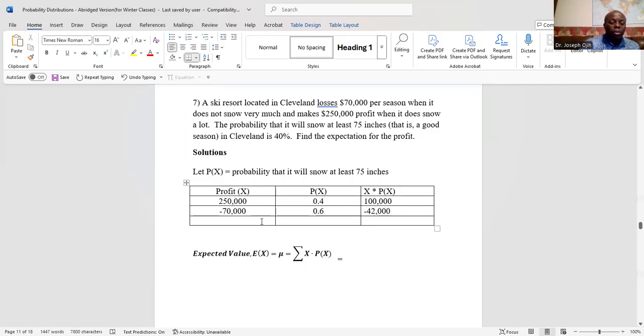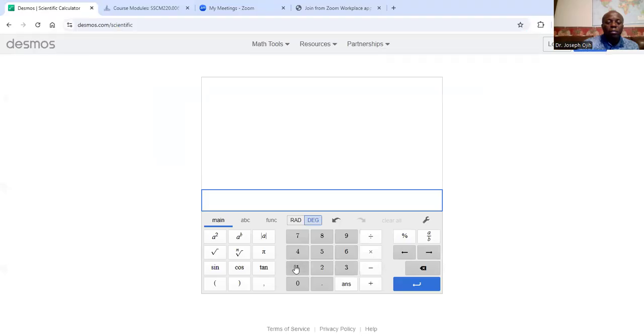So the total, which is the average, becomes the sum of these two. 100,000 plus negative 42,000 gives us 58,000, which is positive.